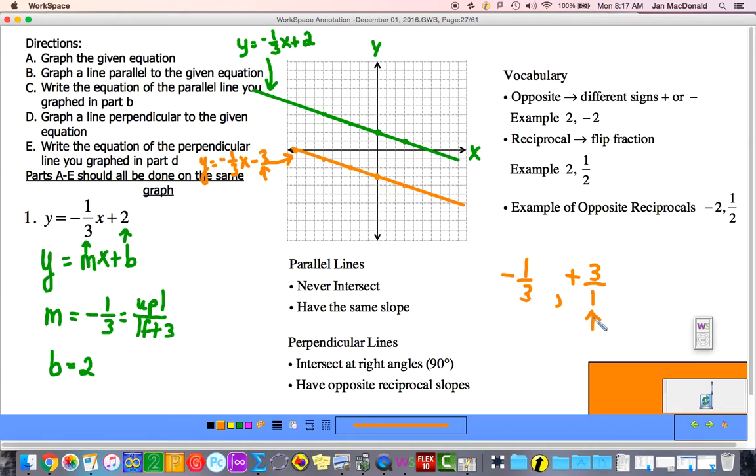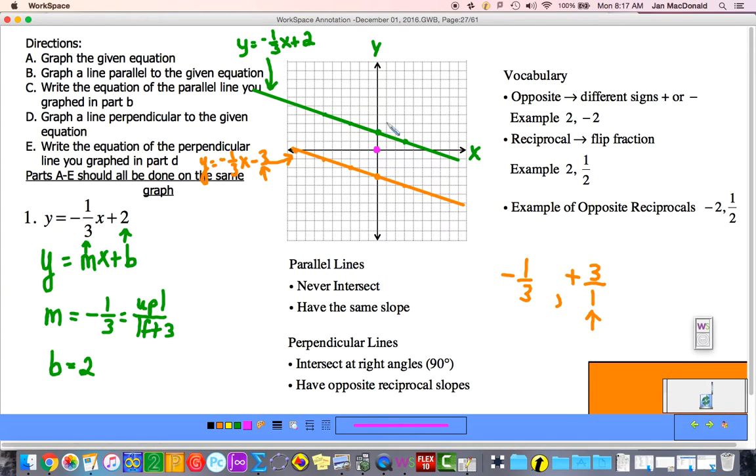And again, for this activity, we can choose to start our perpendicular line anywhere we want. We can choose positive 2, we can choose negative 3, we can choose the origin, and I think that's what I'm going to do. So I'm going to start at the origin, and I'm going to go up 3, right 1, because it's positive.